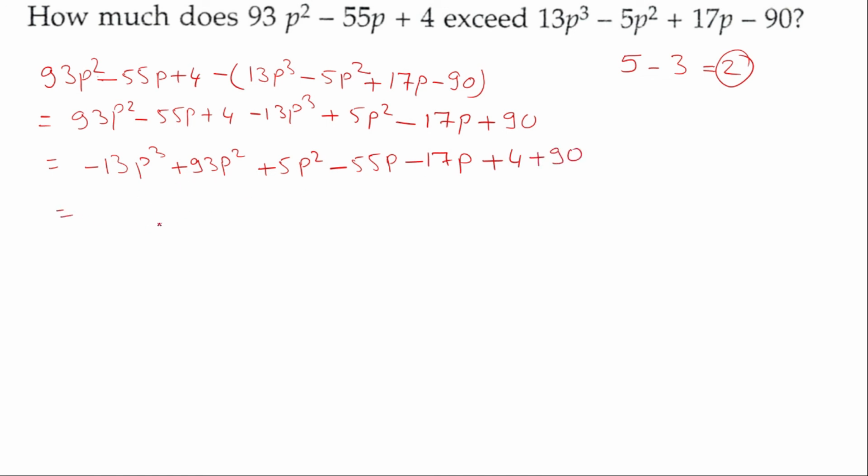When you solve it, you will get minus 13p cube plus 98p square minus 72p plus 94.